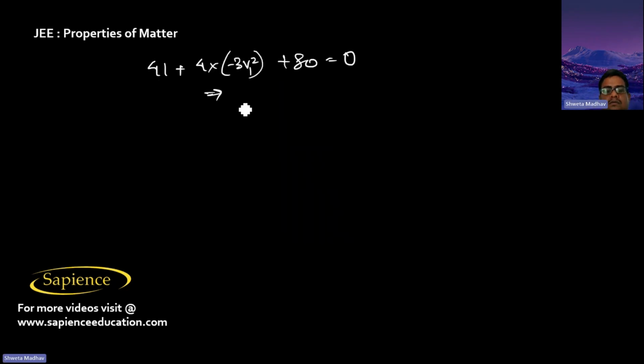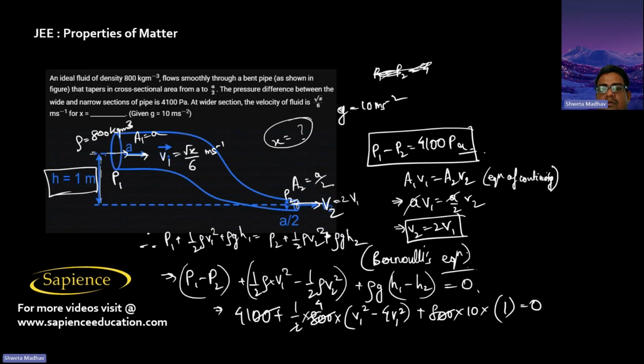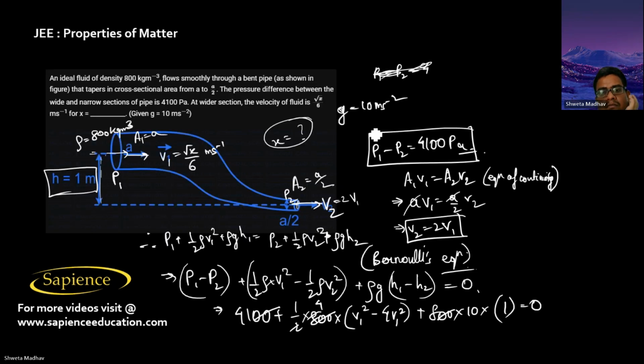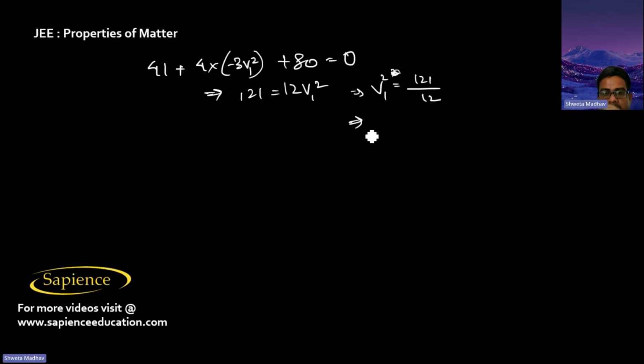So therefore I can say 121 is equal to 12 into V1 square. Therefore V1 square is equal to 121 by 12.